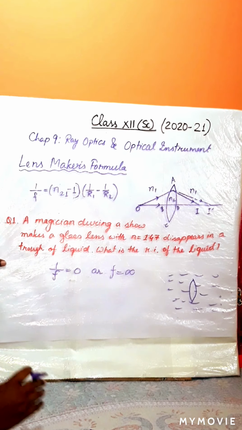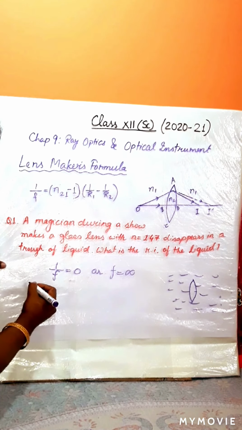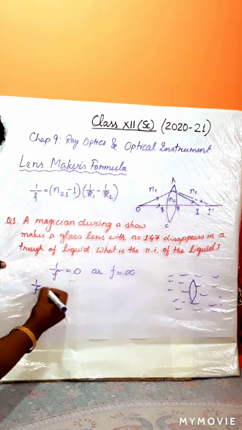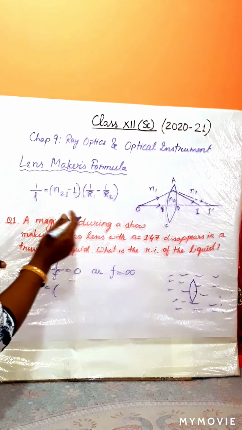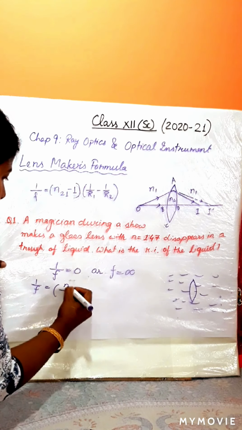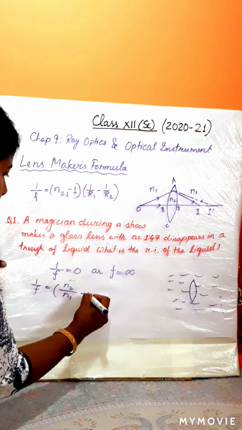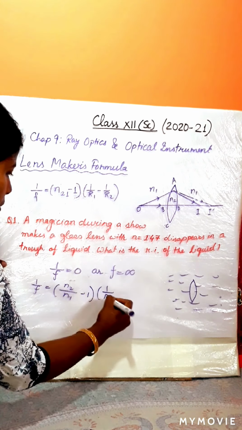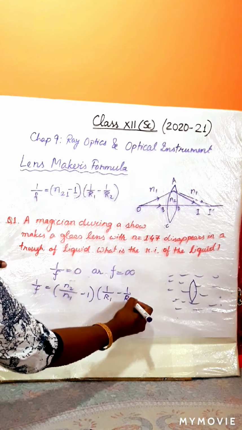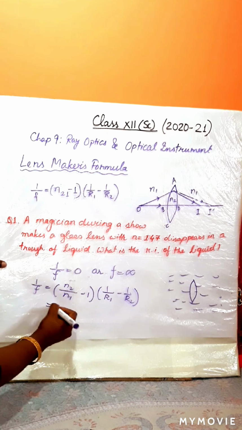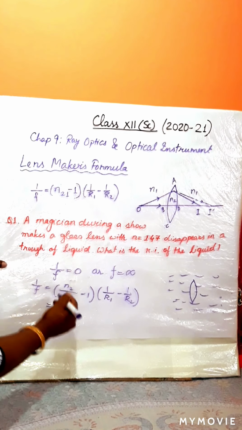Now from the lens maker formula, 1 by f equal to (n21 minus 1) into (1 by R1 minus 1 by R2). Here n21 can be written as n2 divided by n1 minus 1. So here 1 by f will be 0.